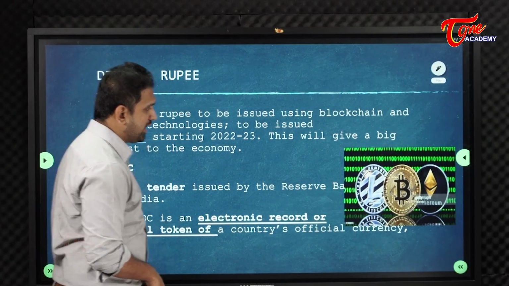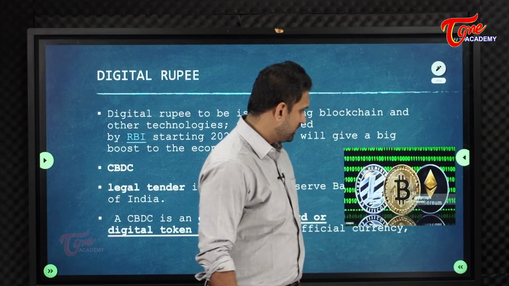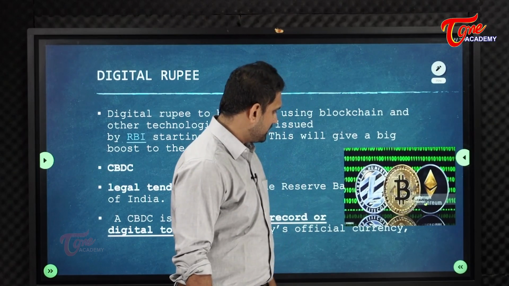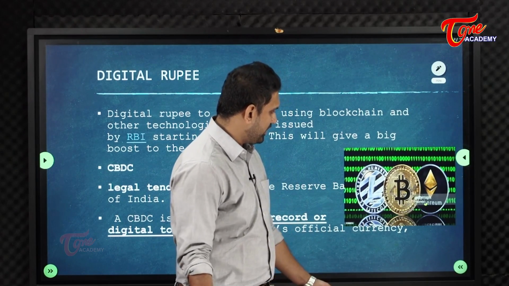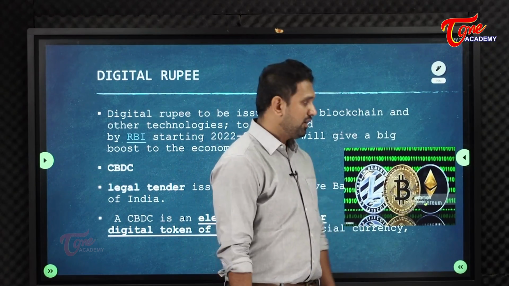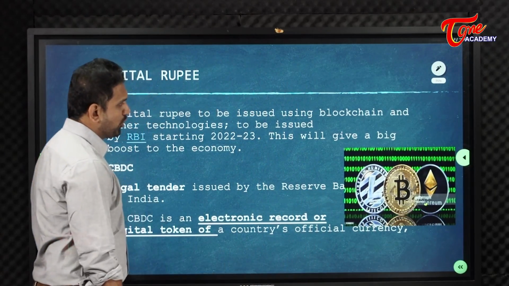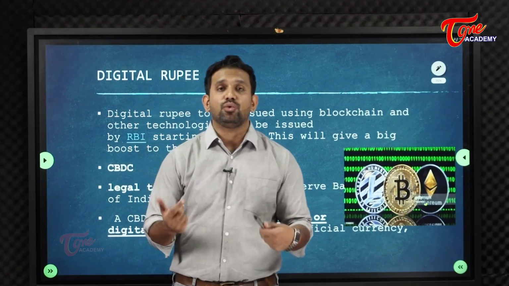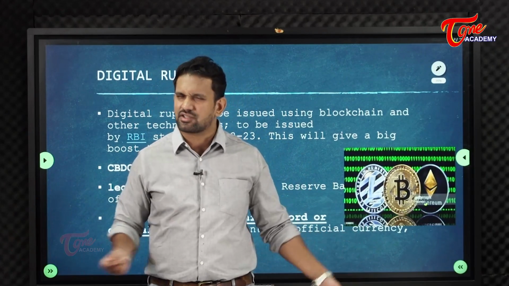Right. Now digital rupee, again a financial aspect. You can see here this is Bitcoin, this is Ethereum, this is Litecoin, and Facebook also has, I guess, Libra, the Facebook cryptocurrency. Majorly now, youth like you and me are more interested in making quick money.